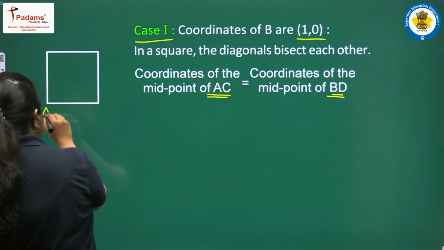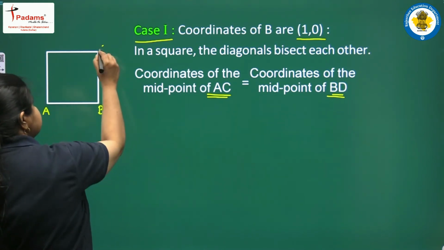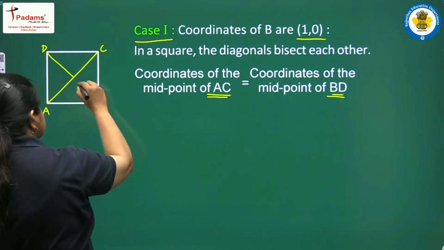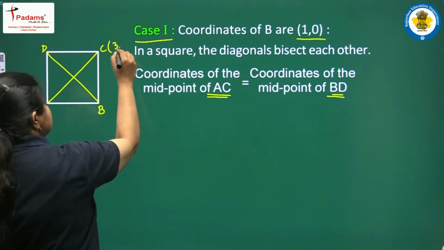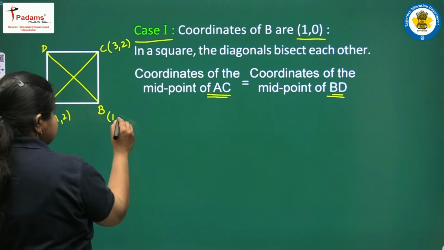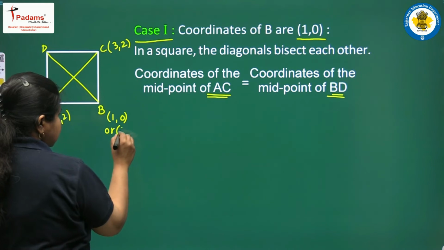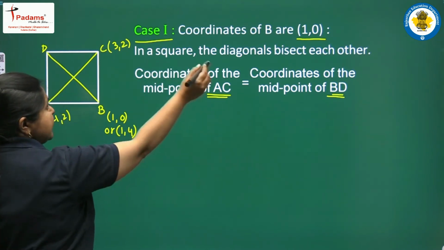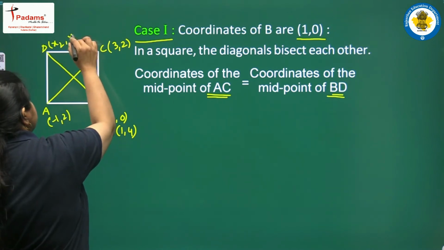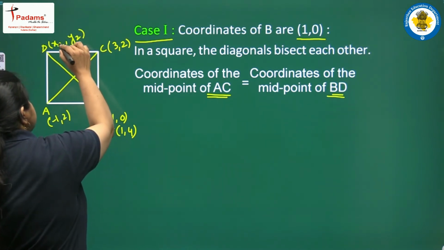We have this point A, this as B, this as C, and this as D. We have drawn the two diagonals. This is 3, 2. This is minus 1, 2. This we have taken as 1, 0 or 1, 4. Here we are taking as 1, 0. And here we have to find D, x2, y2. The question is clear, I hope.